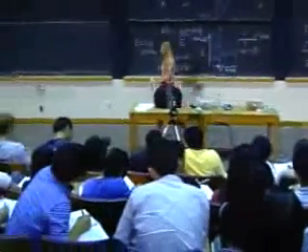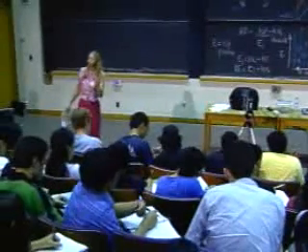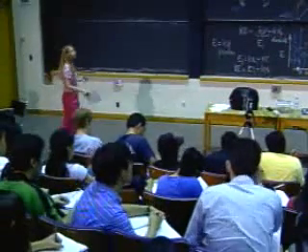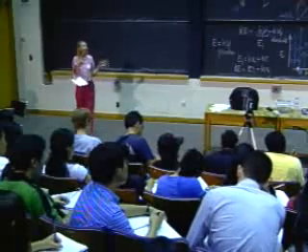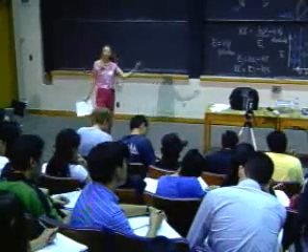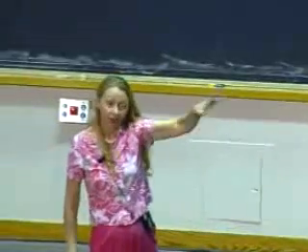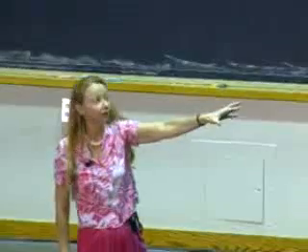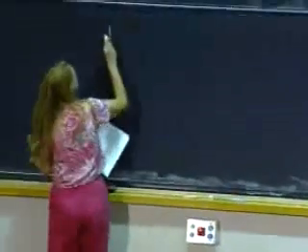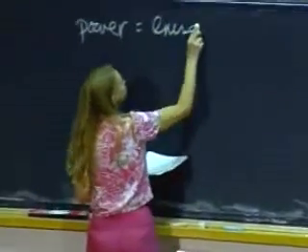And here we want to define what we mean by power. All right? This says the power of radiation from a continuous laser is 3 milliwatts. So we've got some laser, and the power of that radiation coming out is 3 milliwatts. Well, what is power? Power is energy per unit time, right?